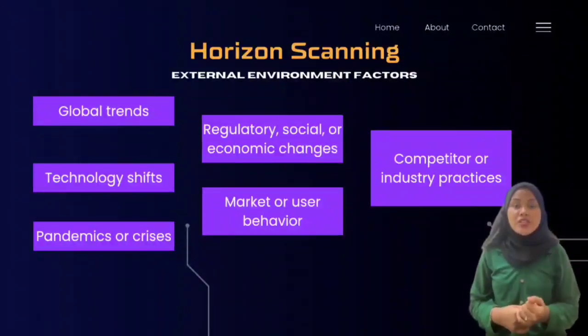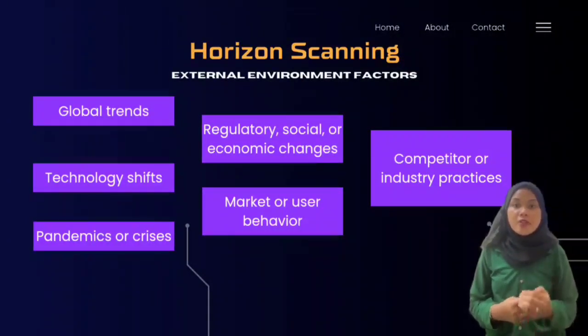Economically, budget restrictions in public universities challenge the ability to invest in new technologies. As a result, UiTM must balance affordability with compliance and modernization, possibly by considering open source or cloud-based solutions to reduce infrastructure costs while remaining legally compliant.